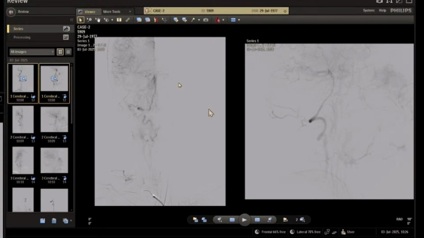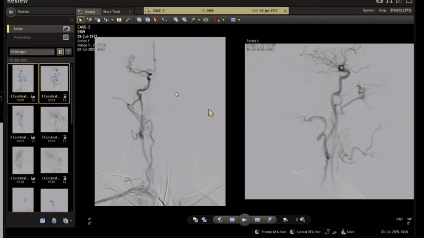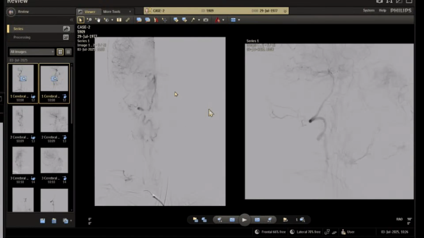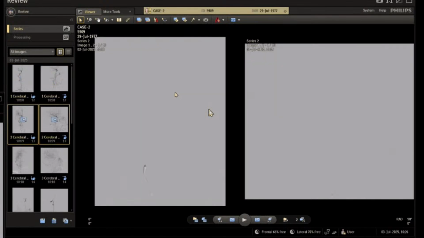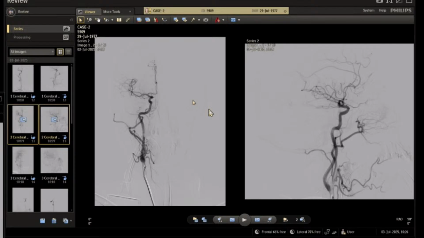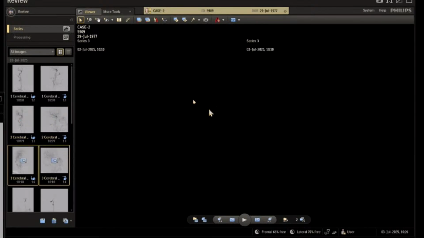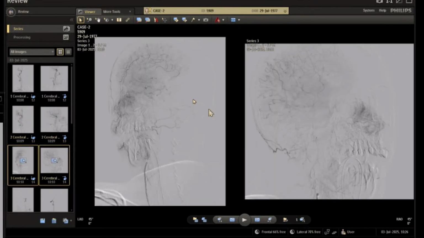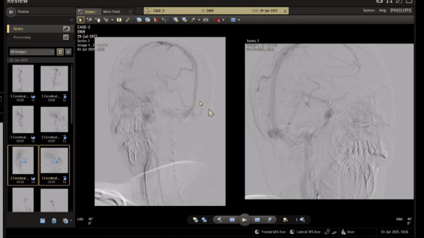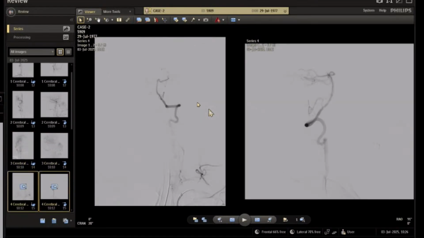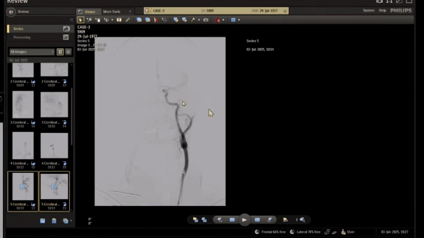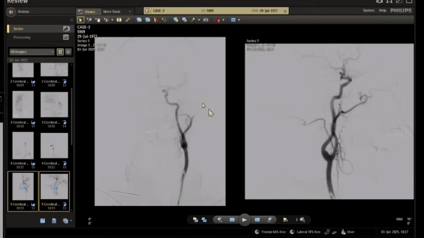On the review, on the right side, in the arterial phase there is no pathology. But we already looked at the MR, and on MR venography the patient has a stenosis in both transverse sinuses.